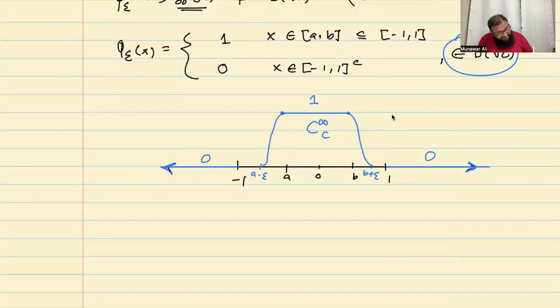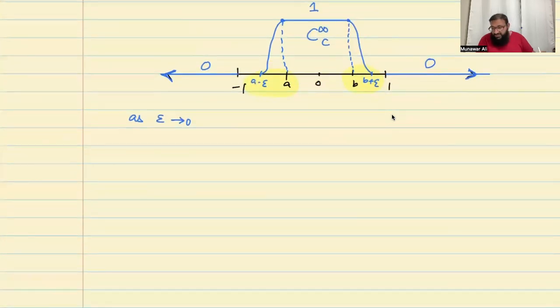Then as epsilon goes to 0, a minus epsilon converges to a and b plus epsilon converges to b, and I'll get a function which has a singularity exactly at b and exactly at a. So I say that this phi epsilon does not converge to something in the space of test functions, but it converges to something in the space of distributions.